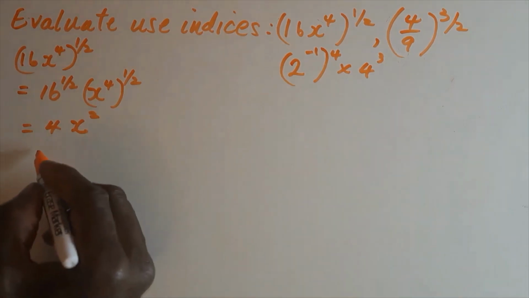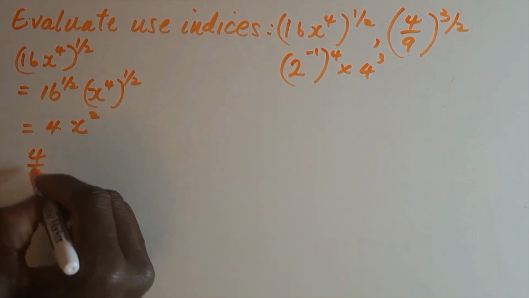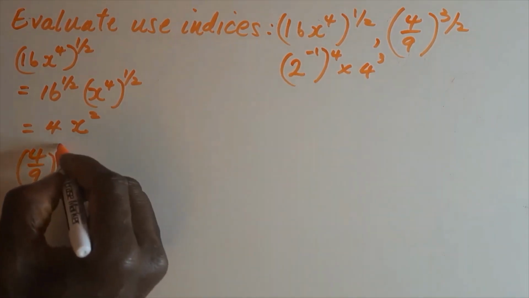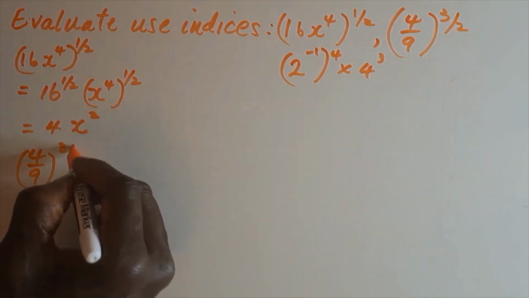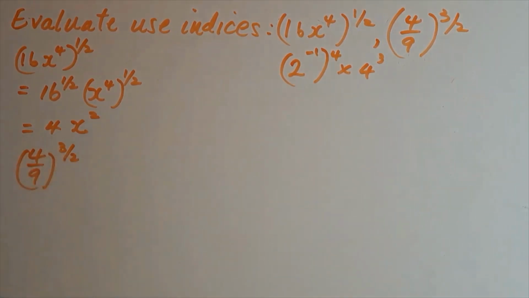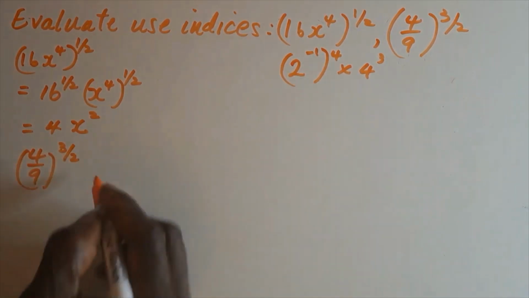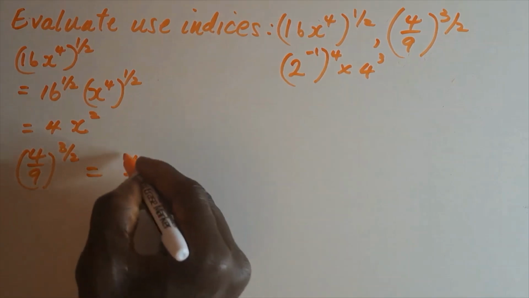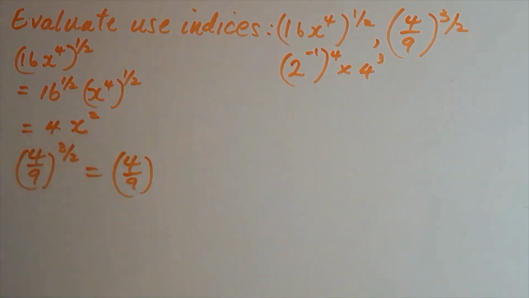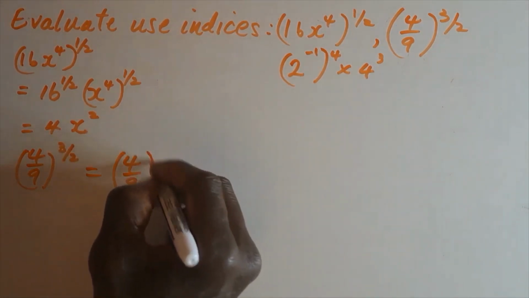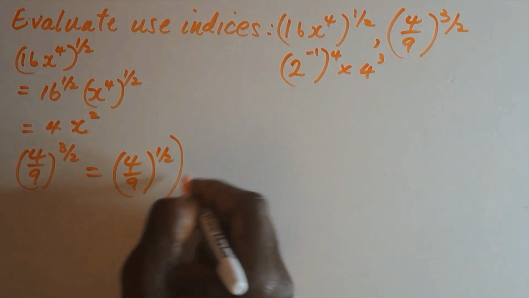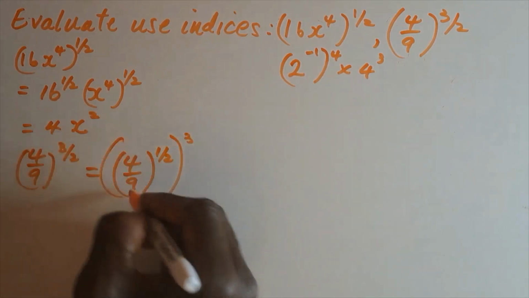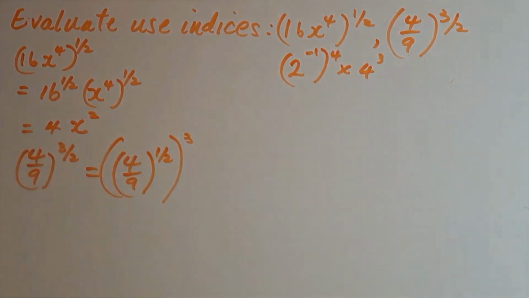Next we have 4/9, and we take it to the power of 3/2. Now we can write this as 4/9, let's put in the brackets here, it's raised to half, and then at the end, outer brackets, we have cube.